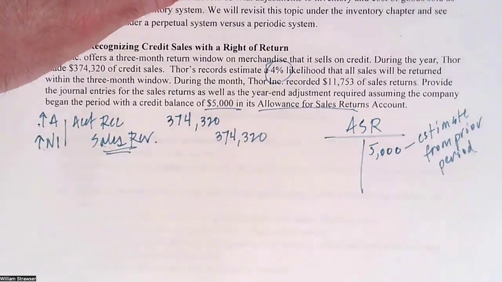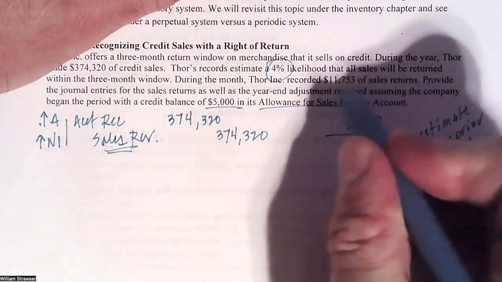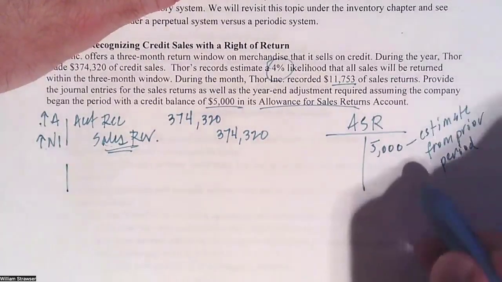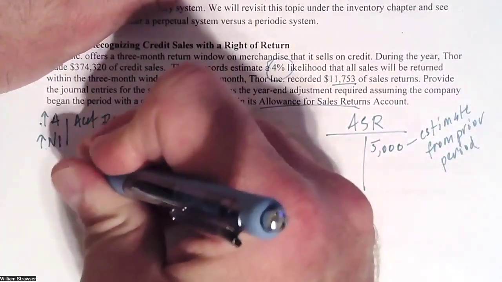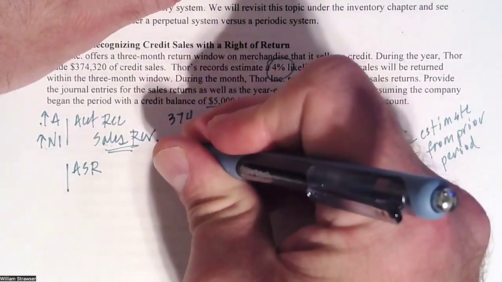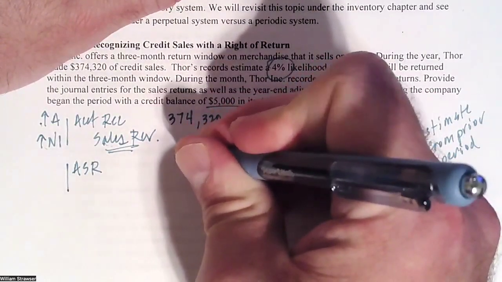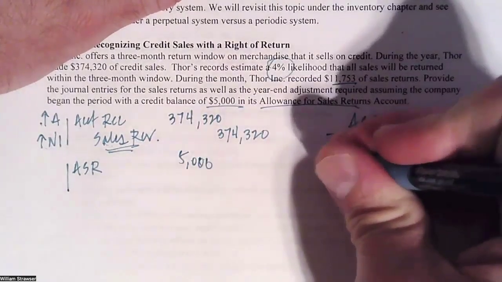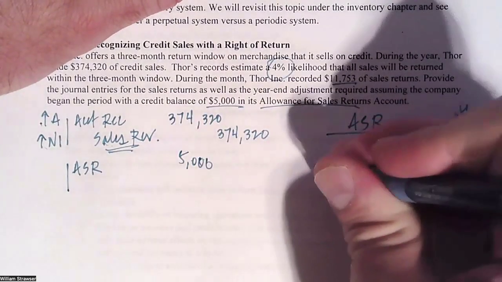Our customers gave us some fact checking on that estimate. We recorded that many returns. So the very first thing I'm going to do is debit my allowance for sales returns by 5,000. That will take this account to zero.